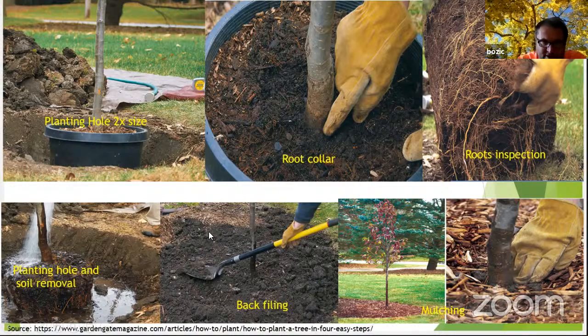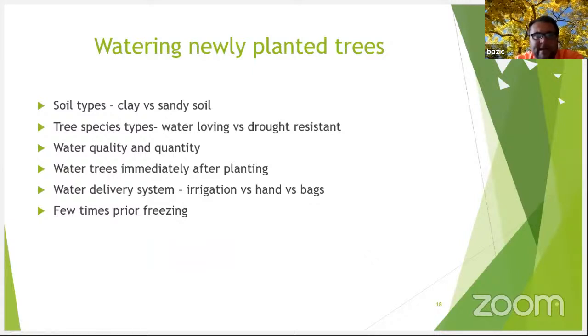That's where you put your slow dripping hose. Do not put your dripping hose next to the trunk. You want it further away, so that these roots, seeking the water, will go outside and try to engage with the native soil. So that's one of the things you want to do, the watering.